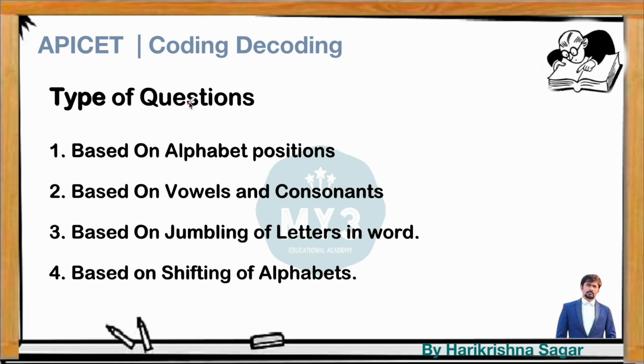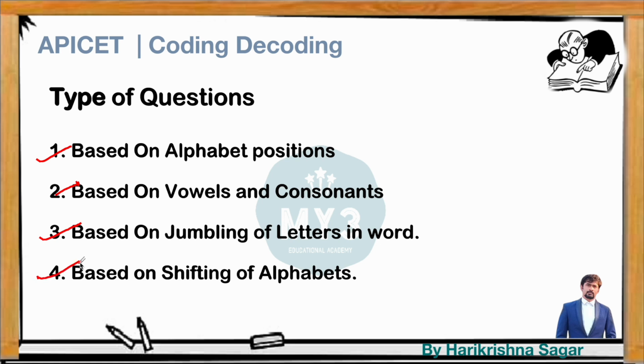After observing all the previous year questions, I understand that the APICET coding and decoding questions are given based on these four types. The first type is based on alphabet positions. The second type is questions based on vowels and consonants. The third type is questions based on jumbling of letters inside the word, and the fourth is questions based on shifting of alphabets.